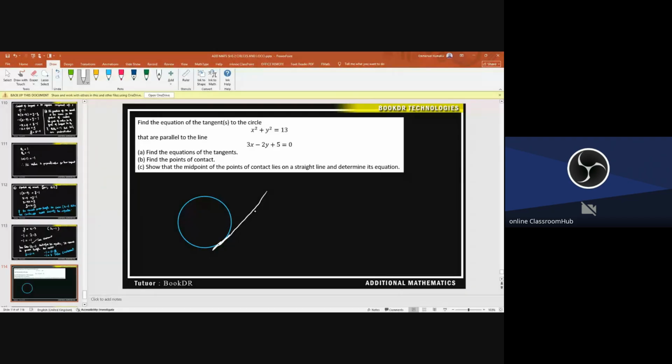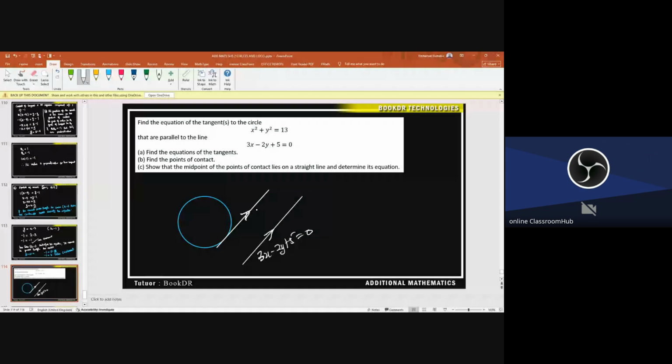So this is the tangent. Let me draw the tangent well. This is a tangent. But there's another line somewhere here that is parallel to this tangent. So these two lines are parallel. Meanwhile, this equation does not belong to the tangent, it belongs to this line: 3x minus 2y plus 5 is equal to 0.